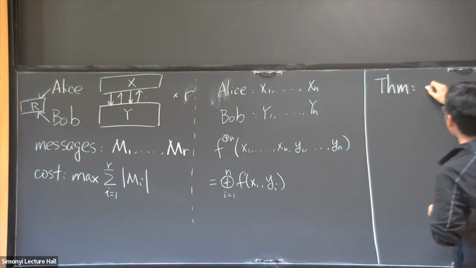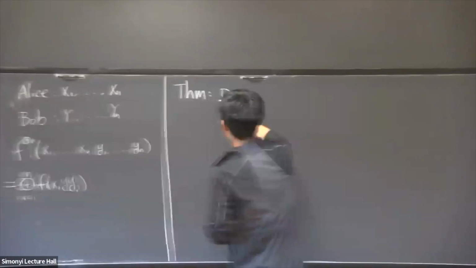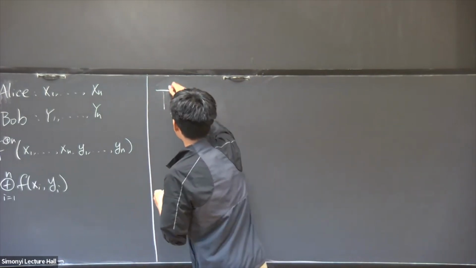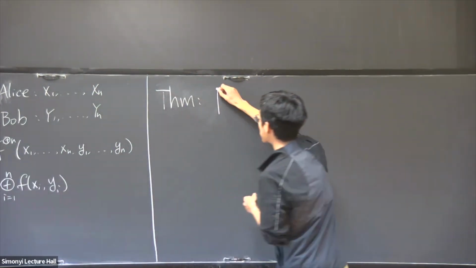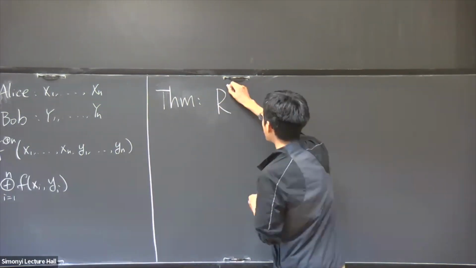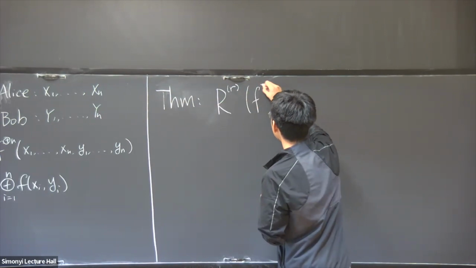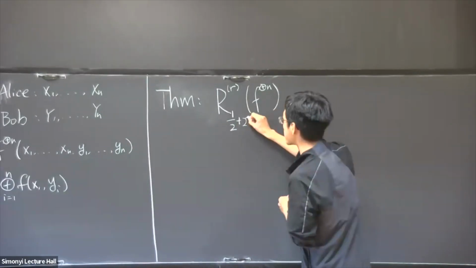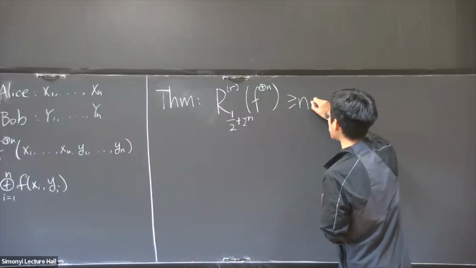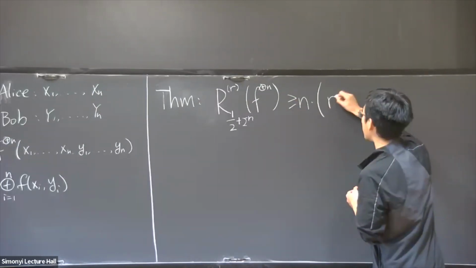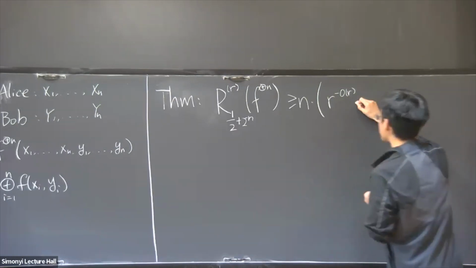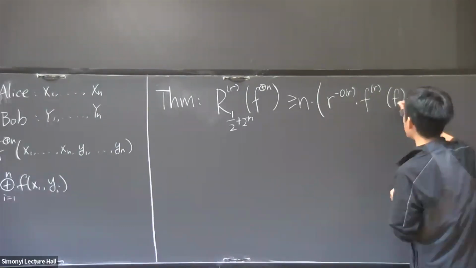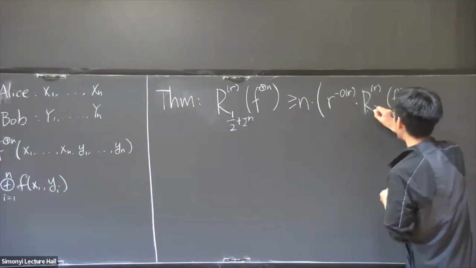We're going to prove that the randomized communication complexity with R rounds of f to the n, assuming that we require the protocol to succeed with probability half plus 2 to the minus n, must be at least n times some function that depends on R, which is R to the minus R, times the complexity of f, also in R rounds, but with success probability 2/3, then -1.